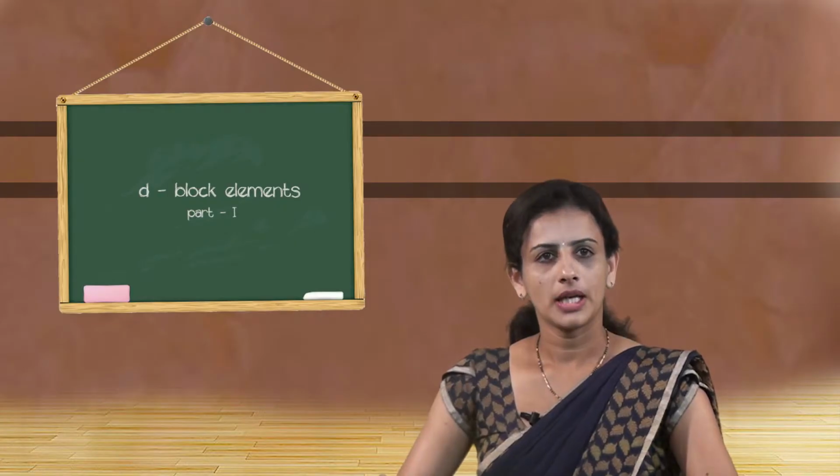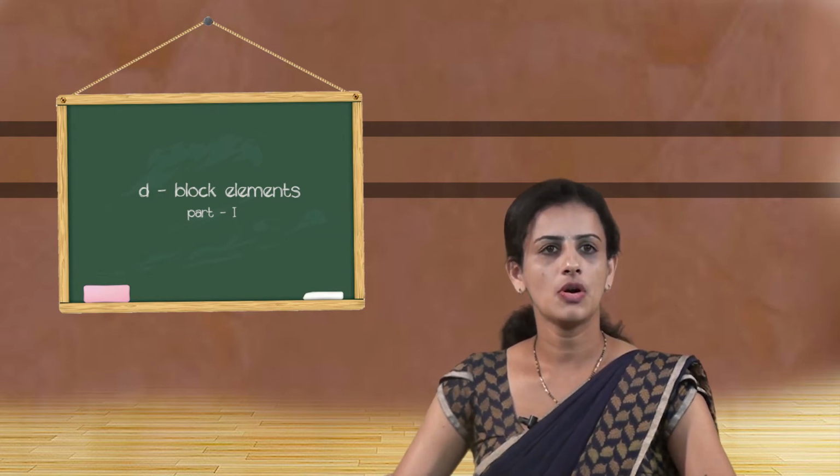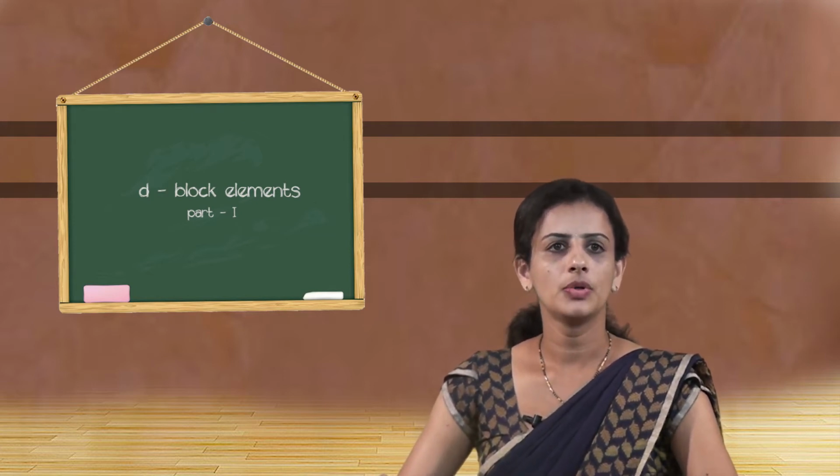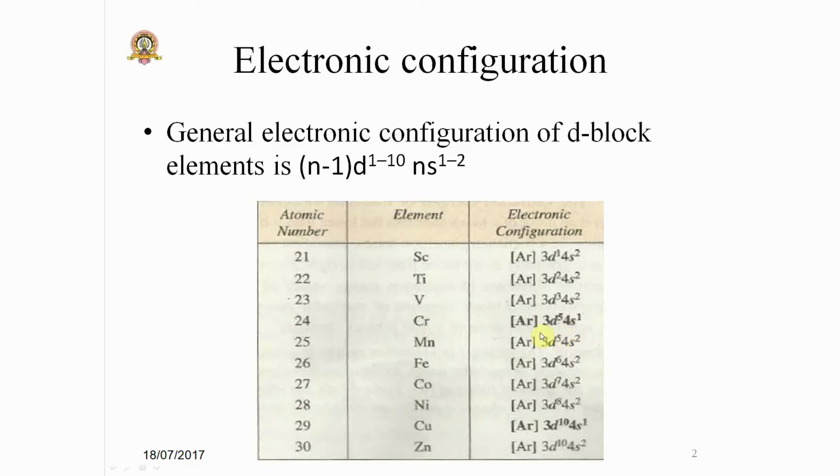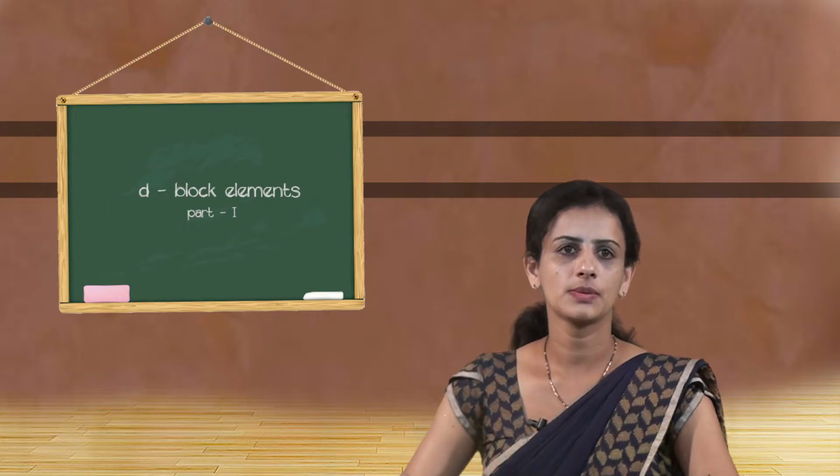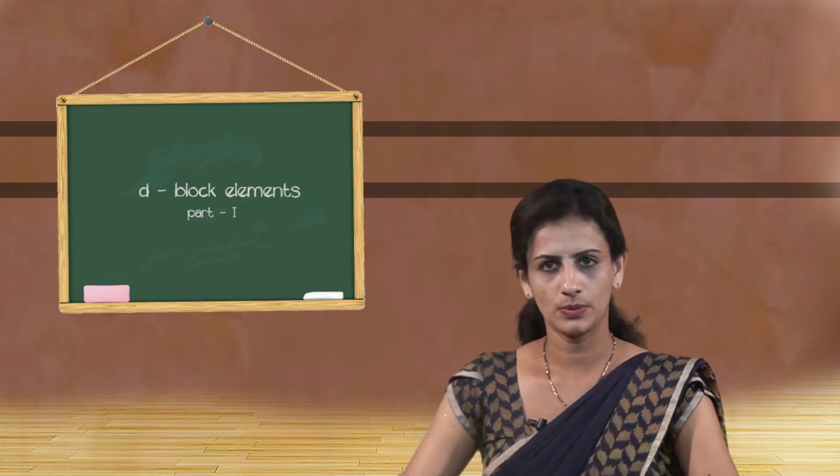If we observe it carefully, the electronic configuration of chromium and copper is different from the others. Why is it so? The expected electronic configuration is 3d4 4s2 and 3d9 4s2, but the actual configuration is 3d5 4s1 and 3d10 4s1.